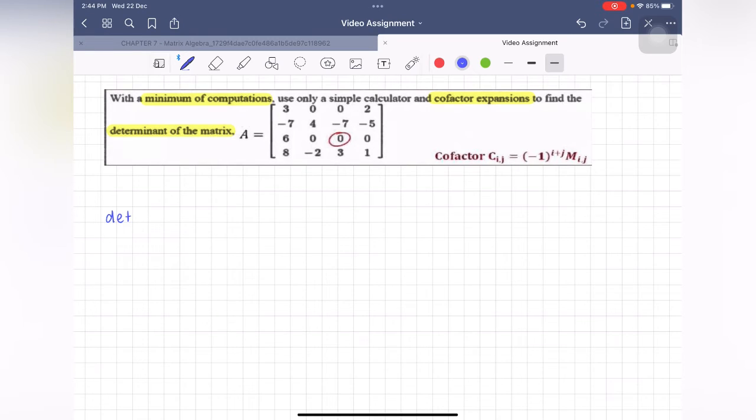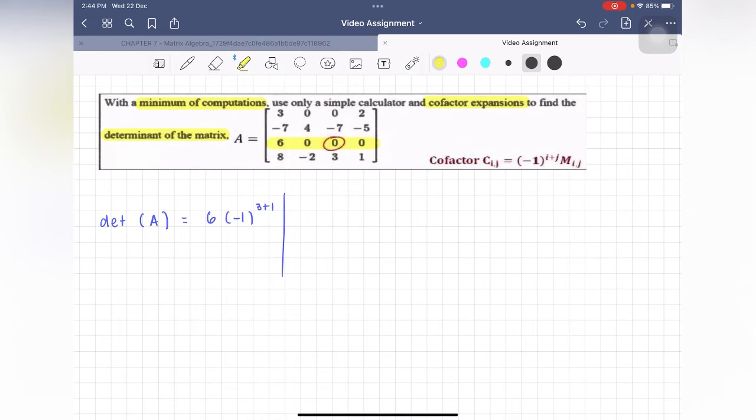So the determinant of matrix A is equal to, now using row 3, the first element is 6. So we will have 6 times the cofactor, and according to the cofactor formula, this 6 is in row 3, column 1, we would have 6 times negative 1 raised to the power of 3 plus 1 times the minor. To form the determinant, we will eliminate row 3, column 1, which will give us a 3 by 3 determinant.